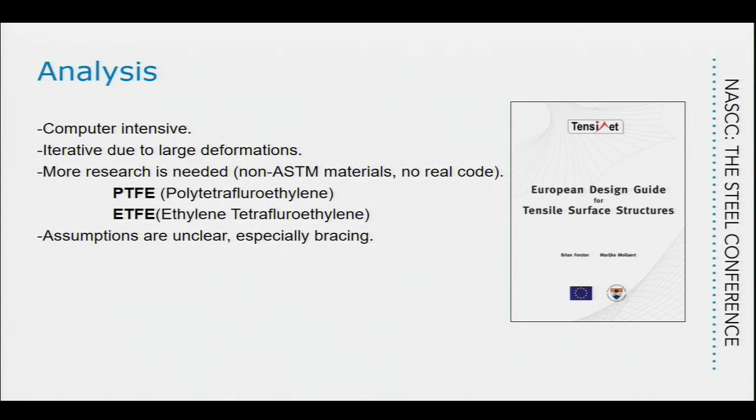With membranes, it's a little different because it's driven by a manufacturer. So if that manufacturer tomorrow decides to discontinue that material, well, any research that was done with that material is kind of out the window. So the analysis and the analysis assumptions that we have to make, we have to be very careful about how we do it.